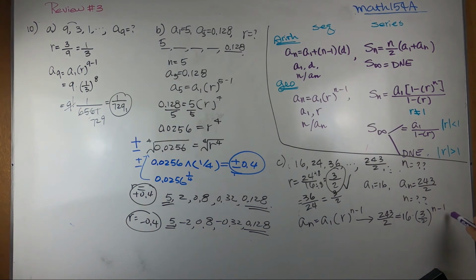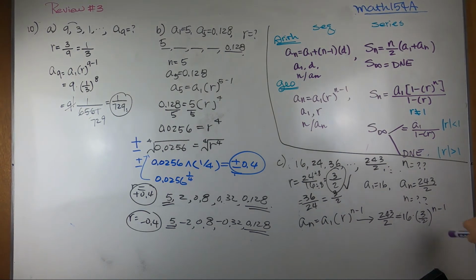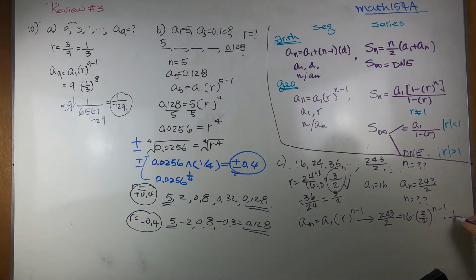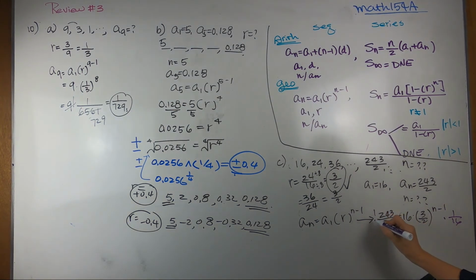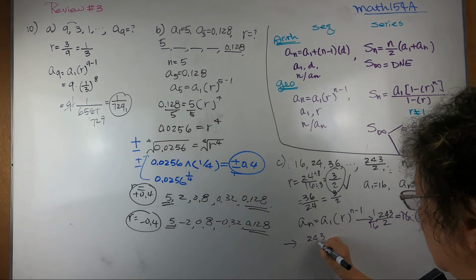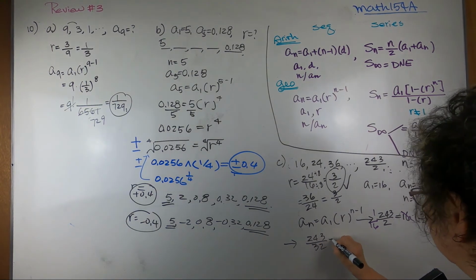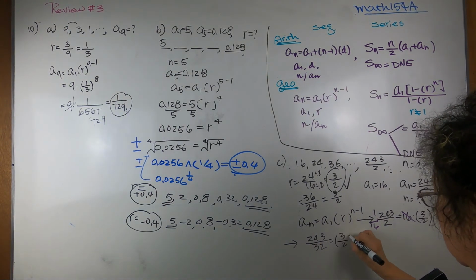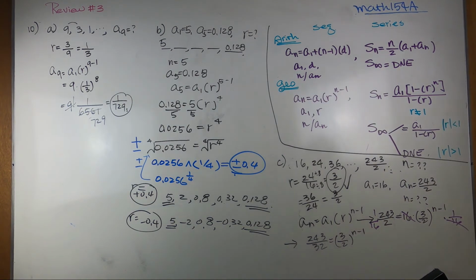You need to get the exponent thing by itself. So we multiply by 1/16. We can just do that. Right? Then what do we have? We will have 243 over 32 equals 3/2 to the n minus 1. And let's see if we can do something about it.